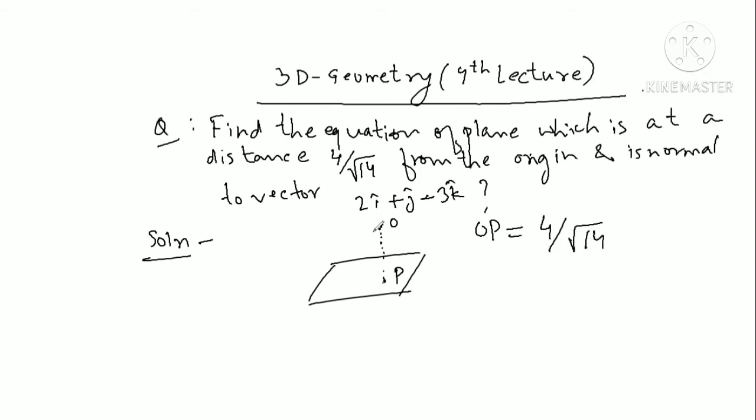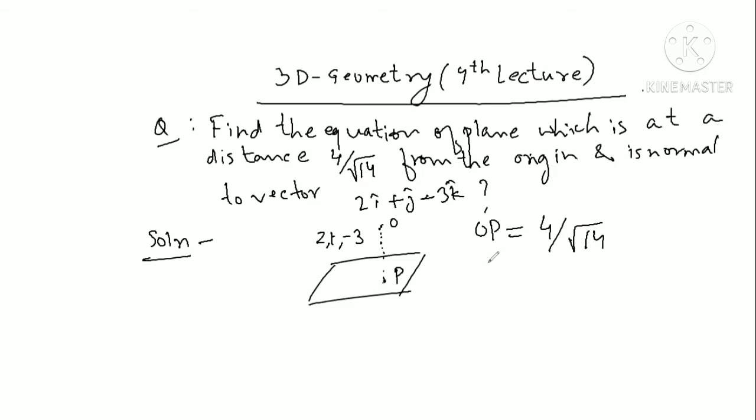And this normal vector is 2 i cap plus j cap minus 3k cap. Therefore, we can say direction ratios of the normal to the plane is 2, 1 and minus 3.